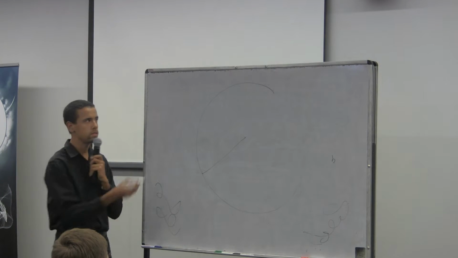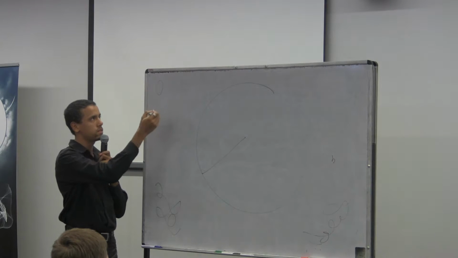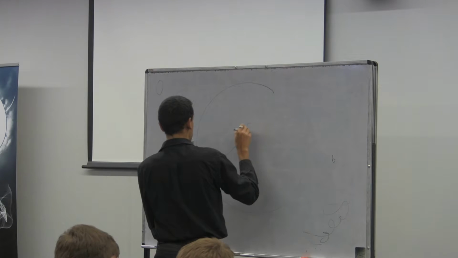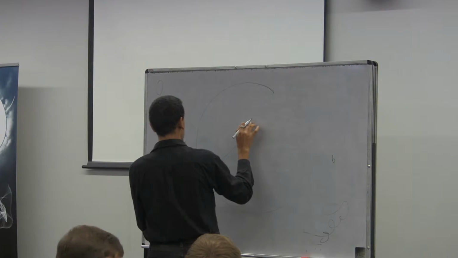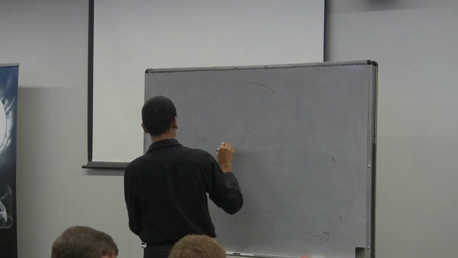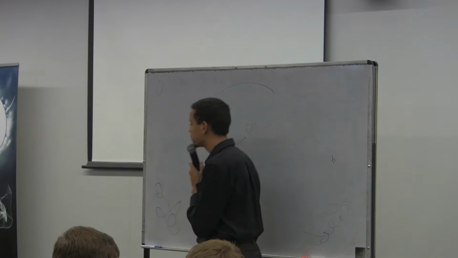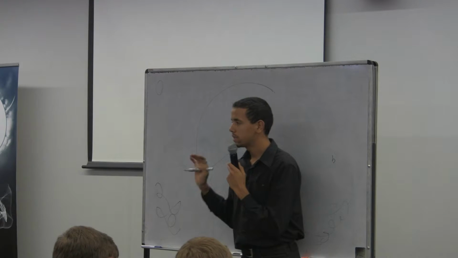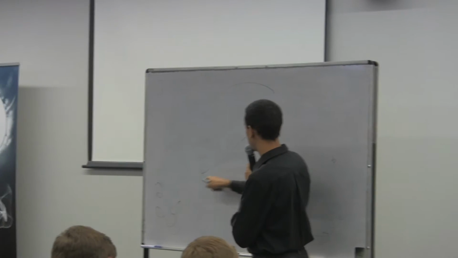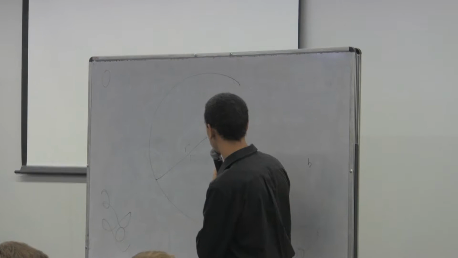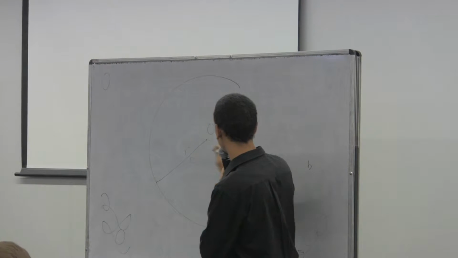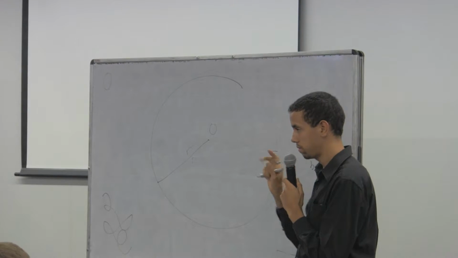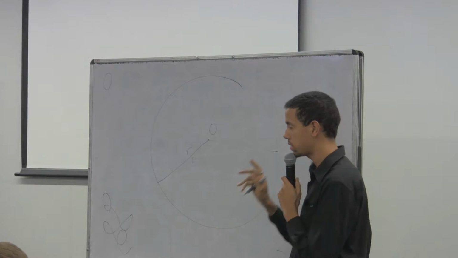A circle is defined by the center, which in geometry is usually the letter O, but you can use anything you want actually, and then the radius R. So the circle is the set of all points which have a certain distance from O, which means if I take the distance between O and any point, you get R. Okay, cool. That's the definition of a circle.